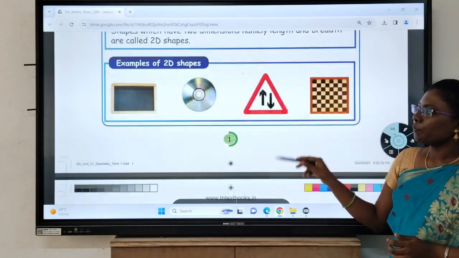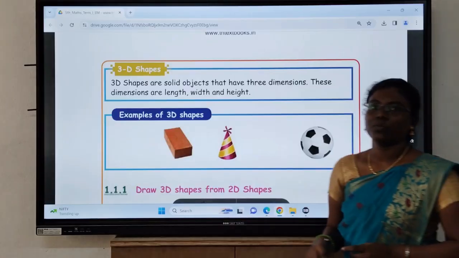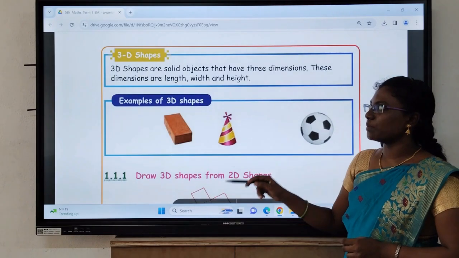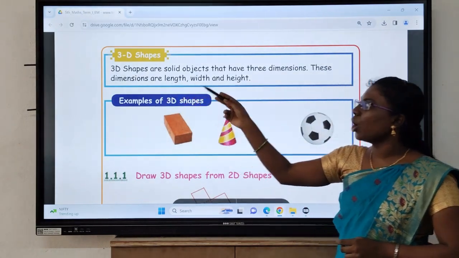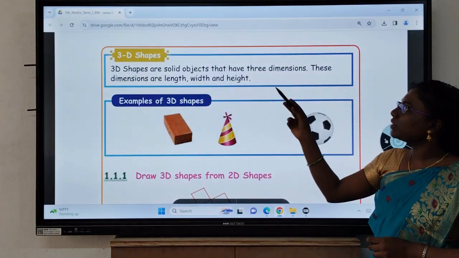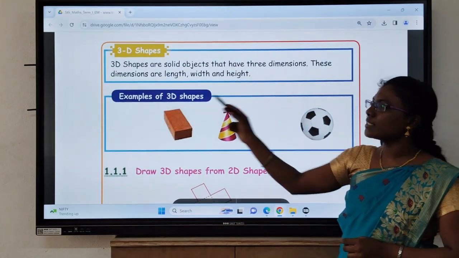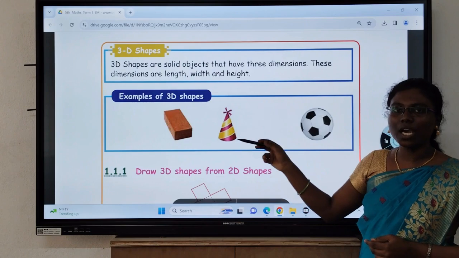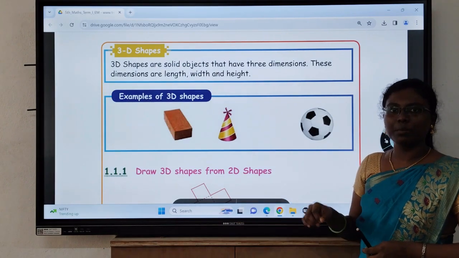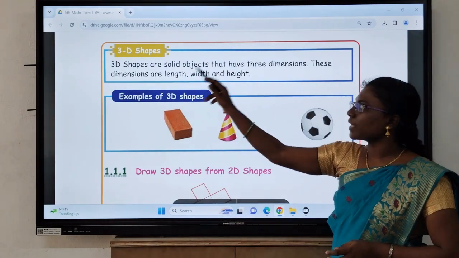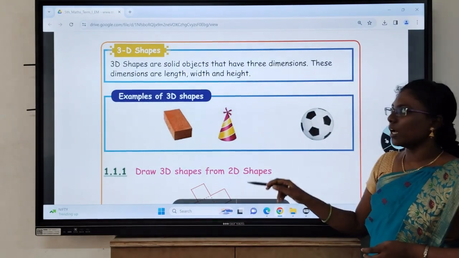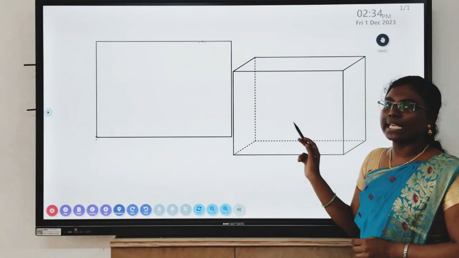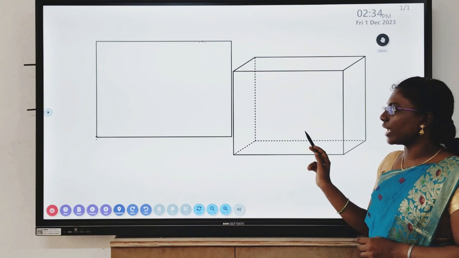Next, we have 3D shapes. 3D shapes are solid objects that have three dimensions. These dimensions are length, width, and height. So here we have three dimensions, which is length, width, and height. So cuboid is an example for 3D shape.